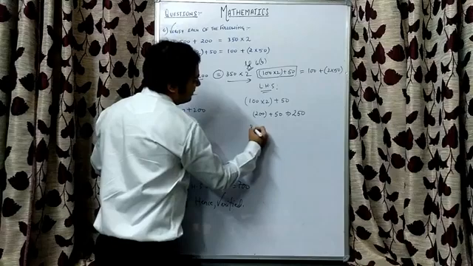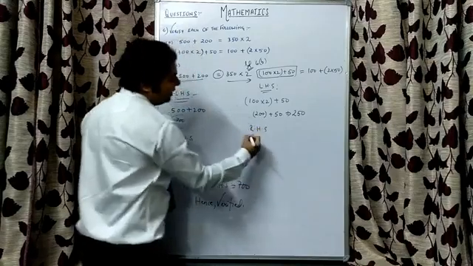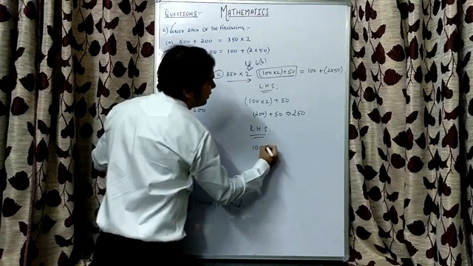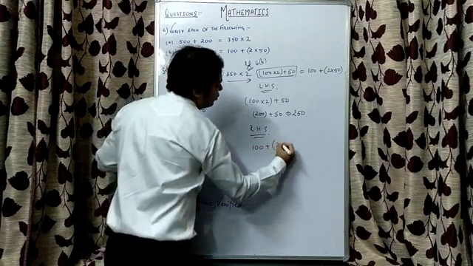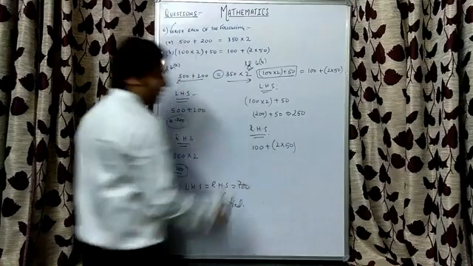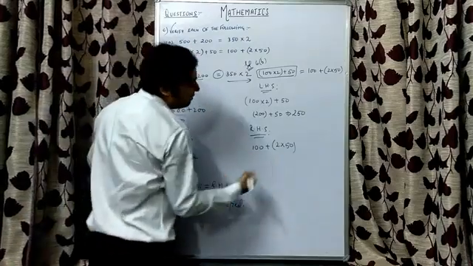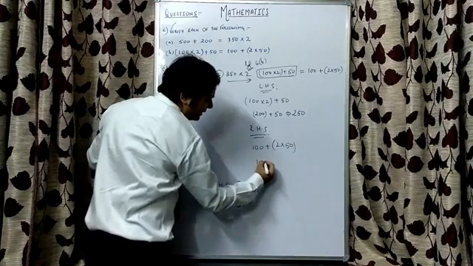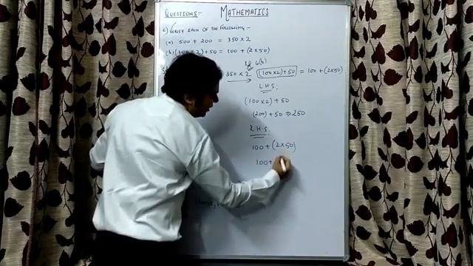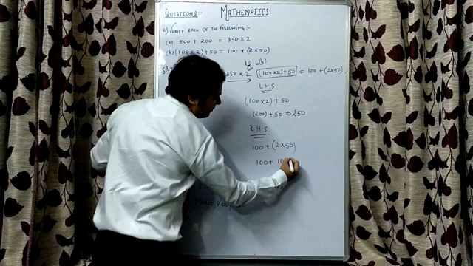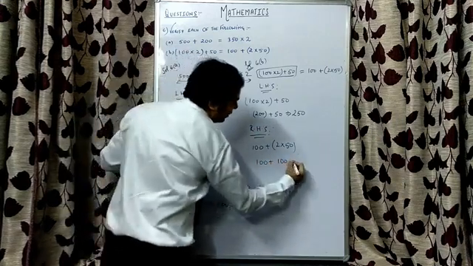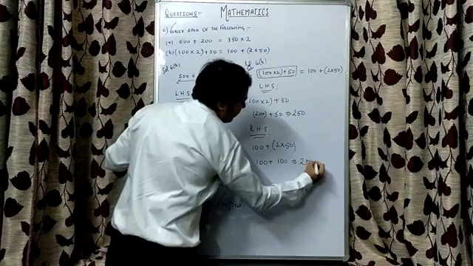Now for RHS, I will write RHS separately, right? RHS side I have got 100 plus 2 into 50 in bracket. In the next step, I will be solving bracket first according to BODMAS. 100 will remain as it is plus 50 into 2 will give me 100, right? Since bracket is solved, so I can remove the bracket. 100 plus 100 will give me 200.